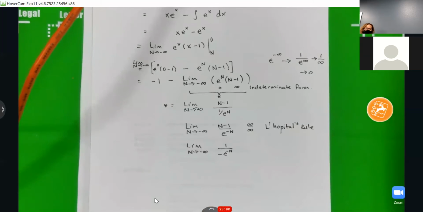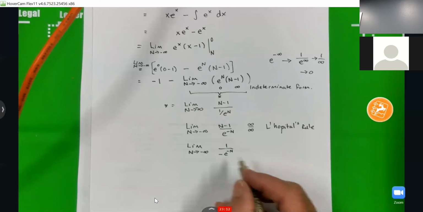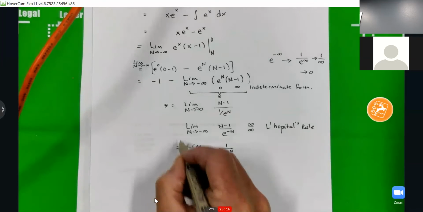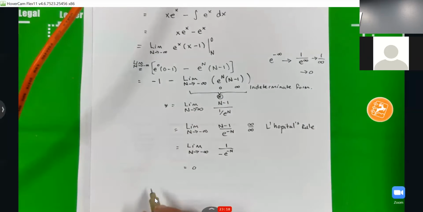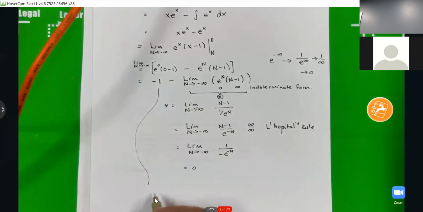So I get a minus e to the minus n on the bottom. n is going to minus infinity. This minus sign makes it go to plus infinity. e to the infinity is infinity. So this behaves like 1 over infinity. This limit is going to be 0. So the value of my integral is equal to -1 minus 0, or -1, so the integral converges.